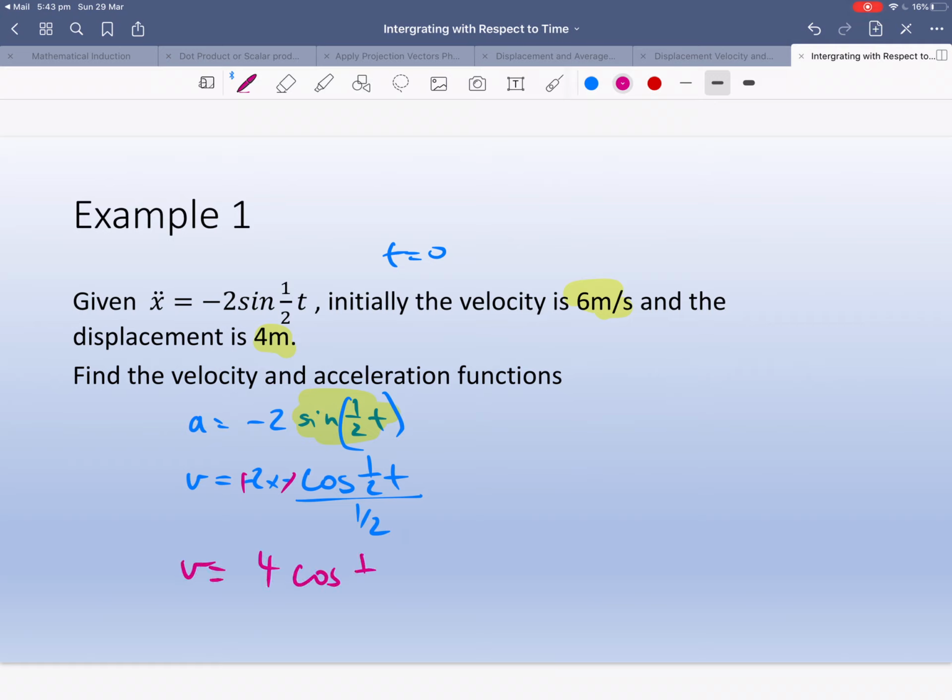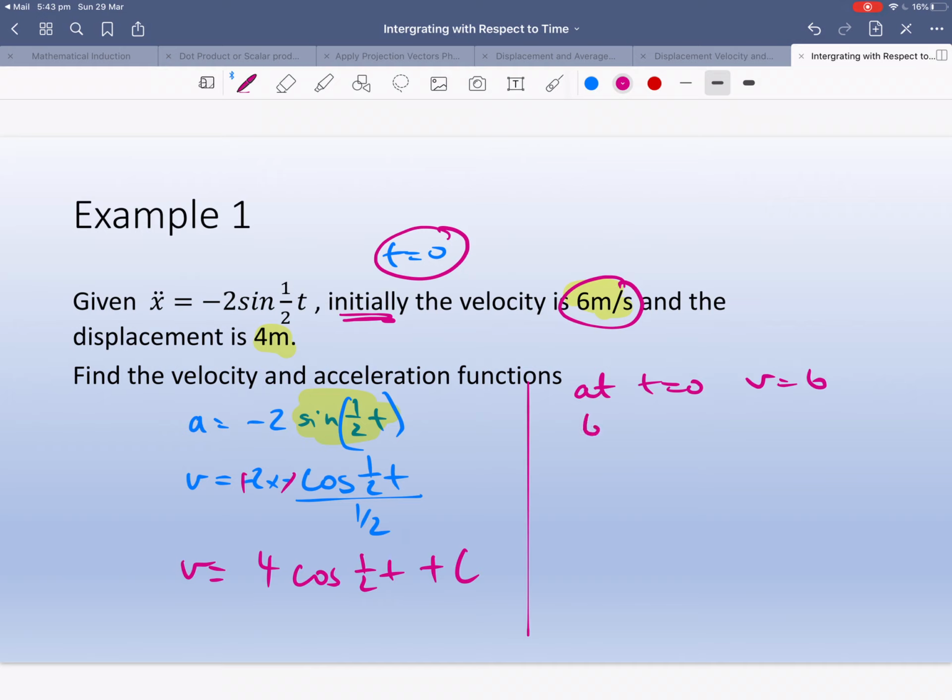Now to find out what v actually is, we need to substitute in the initial condition at t equals 0. Initially the velocity is 6, so let's write that down. At t equals 0, v equals 6. Now, cos of 0 is 1.